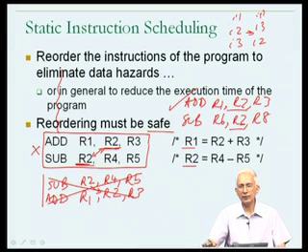Right, so short of these kinds of dependencies between instructions, it looks like instructions in many situations can be reordered, but the compiler in doing static instruction scheduling will have to do this checking to make sure that pairs of instructions which it is thinking of reordering are in fact safe to reorder. Right, so the kinds of scenarios that we've seen here can be looked at.